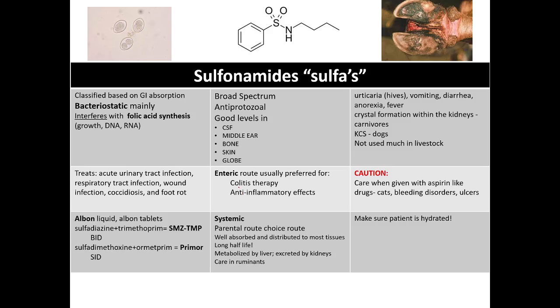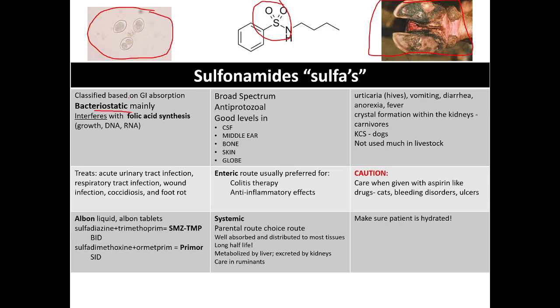Next group, sulfonamides. This has to do with a sulfur compound contained within the organic molecule. Most sulfonamides are effective against protozoa like coccidia or giardia, and foot rot or anaerobic bacteria. These are bacteriostatic. Now remember, you need to remember the difference between bactericidal versus bacteriostatic.